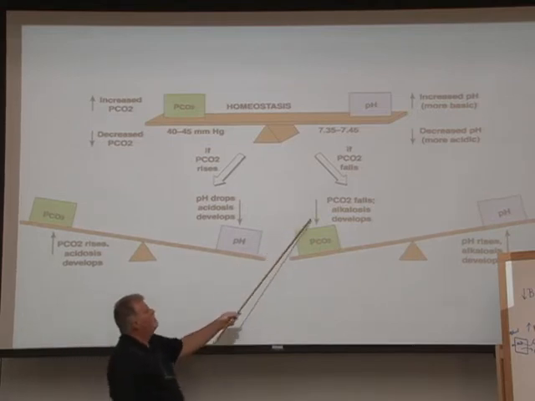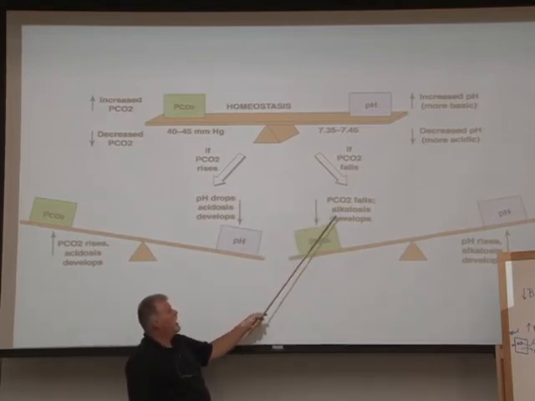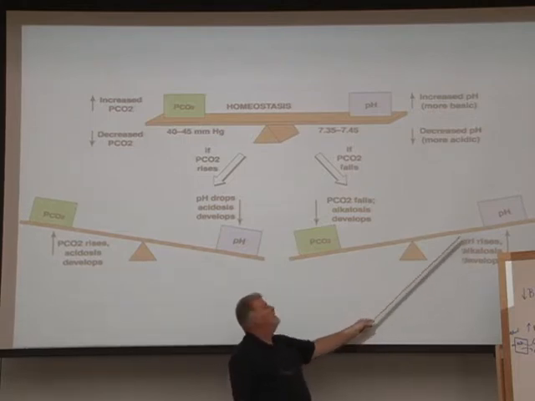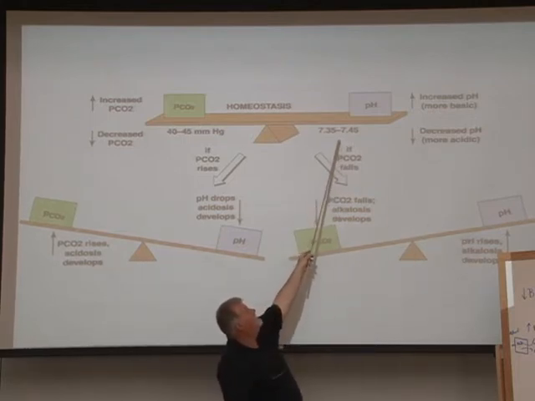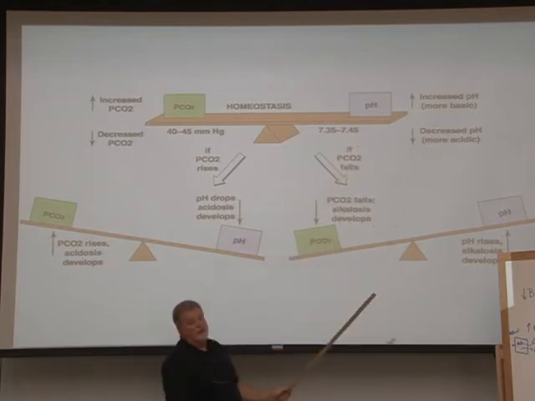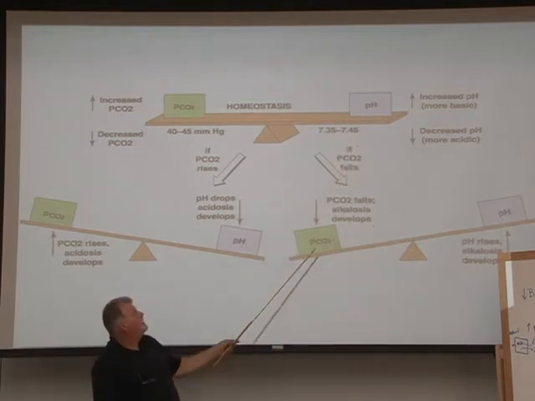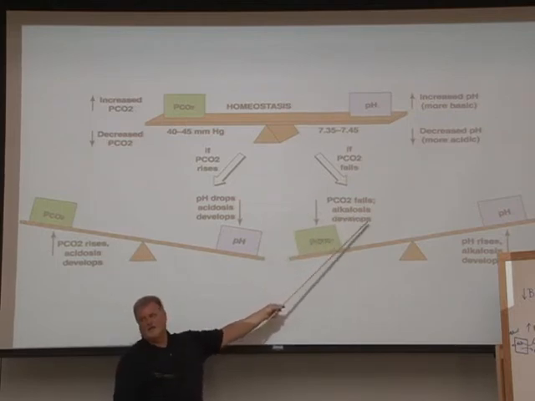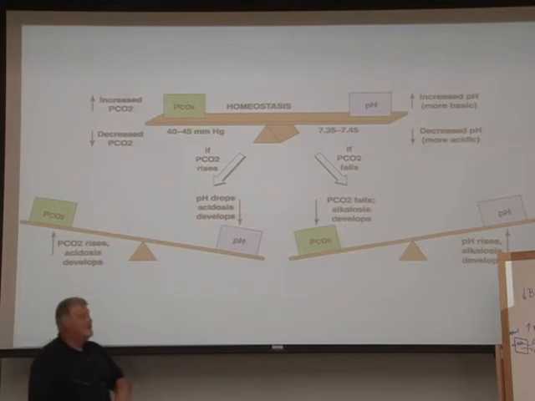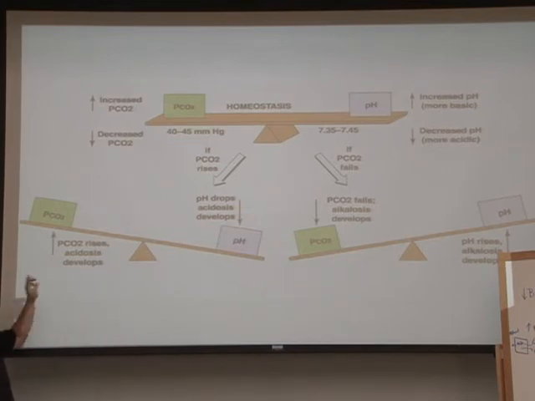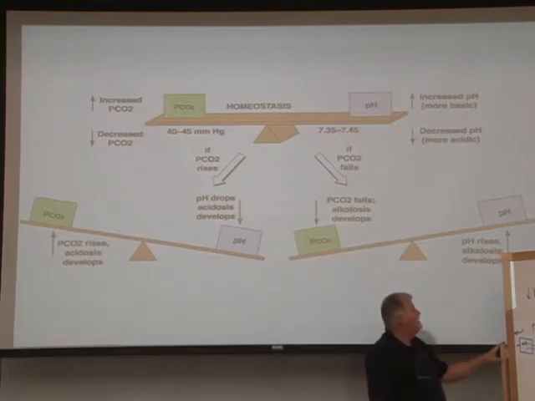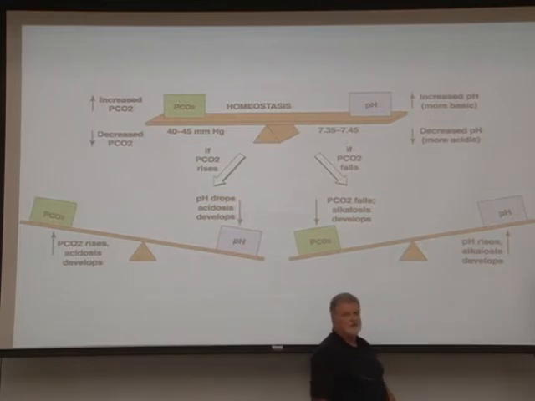If blood carbon dioxide levels drop, then blood pH is going to elevate, and we'll go above 7.45. When pH is above 7.45, we say that the person is in alkalosis. So the basic thing is that if you get a more acidic blood, you enter a state of acidosis. If you have too basic a blood, you enter a state of alkalosis.